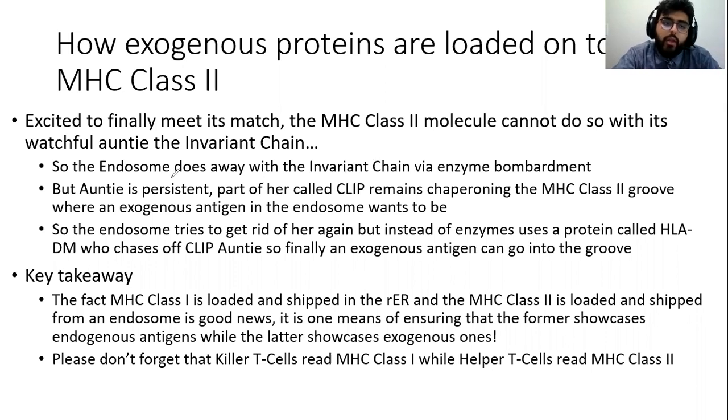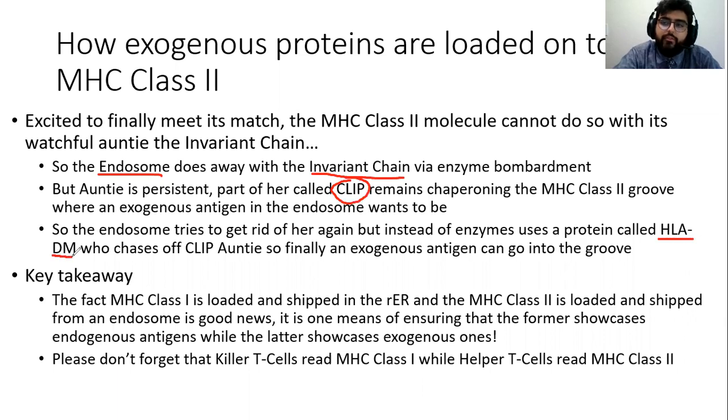No exception here. MHC Class II molecule taken up into an endosome, right? An endosome is rich in all these destructive enzymes. This will actually destroy a majority of the invariant chain, except for a small piece called CLIP. And CLIP needs to be disposed of by a protein called HLA-DM.